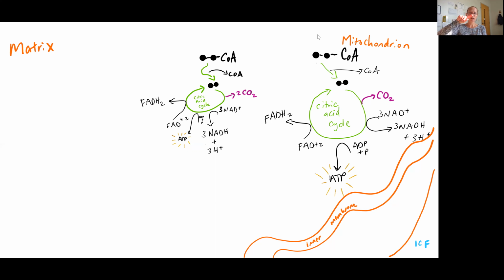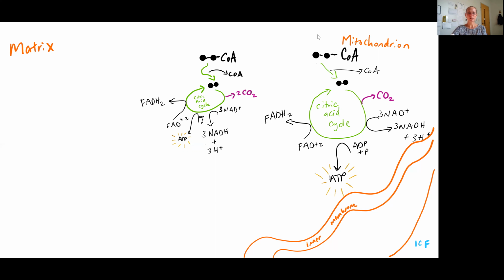For each turn of the cycle, we're making 3 NADH molecules, 1 FADH2 molecule, and 1 ATP. So we need to add those up together so that in total we should see 6 NADH molecules being produced, 2 ATP molecules being produced, and 2 FADH2 molecules being produced.